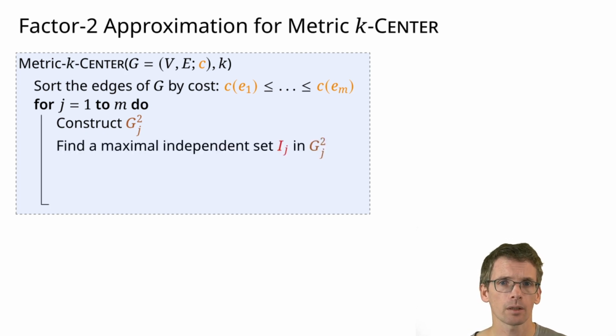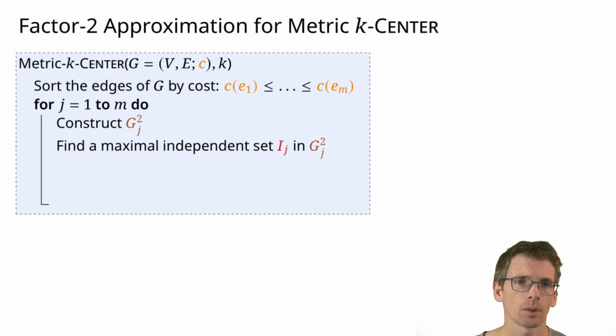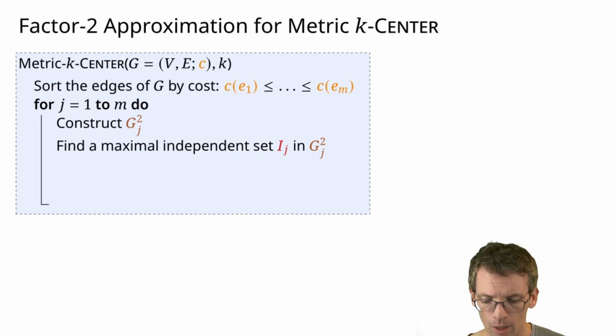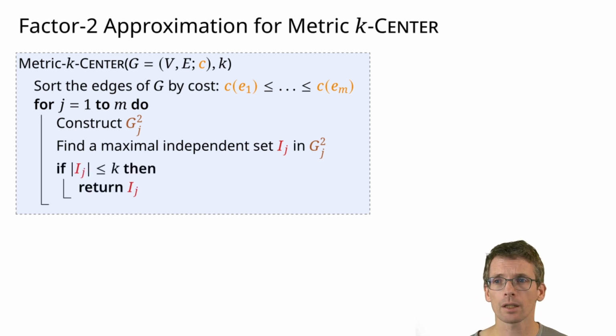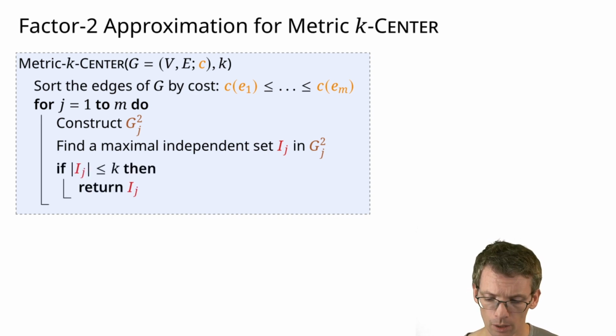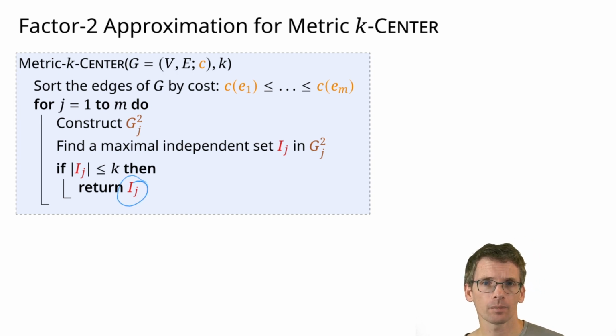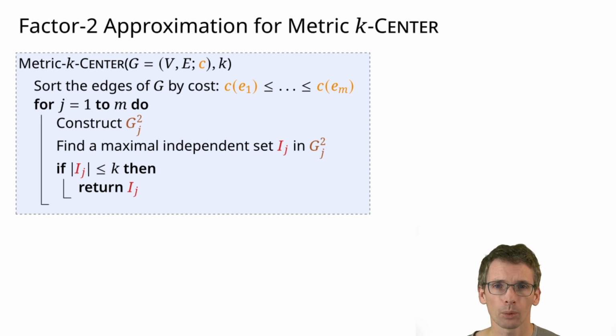This we can simply do by greedily selecting vertices until we have a maximal independent set. Then we look at the size of that set, and if that size is smaller or equal to k, we return the independent set, our maximal independent set, as a solution. Let's prove that this is indeed a true approximation, and we do this in 2 steps.